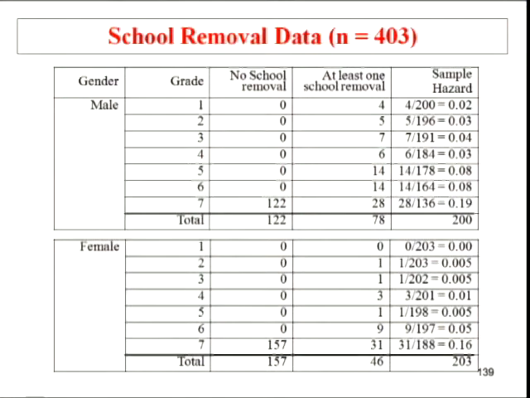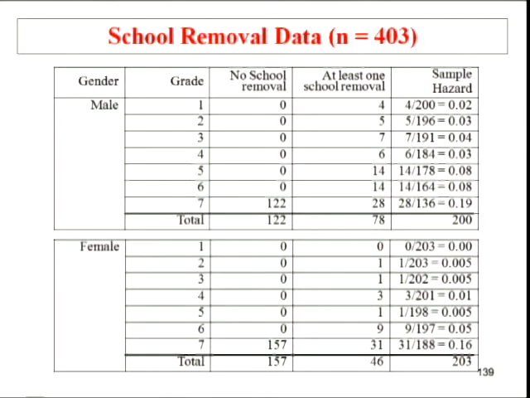So in grade 1, we have 4 school removals. We start out with 200 children, and 4 out of the 200 experience a school removal, which means that we have a 2% sample hazard. So the hazard is 2%.